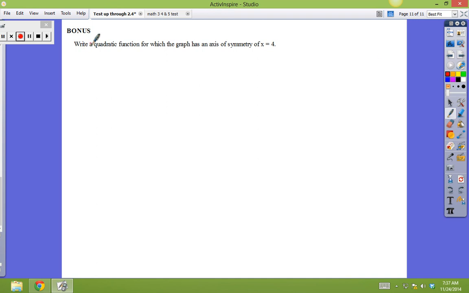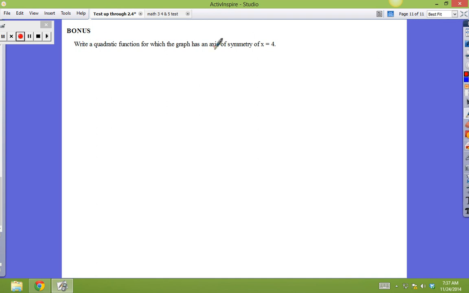Okay, the bonus: if the axis of symmetry is x equals 4, your negative b over 2a has to equal 4. So if you let b equal 8, it's going to be -8 divided by, then a would have to be a negative 1.